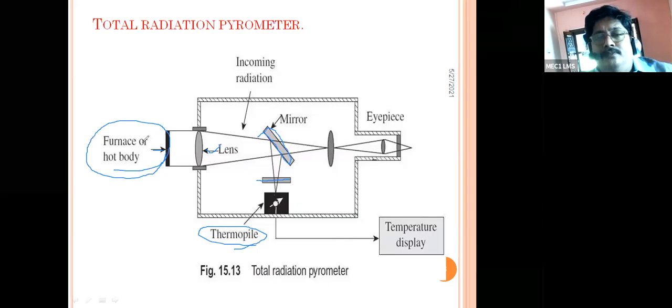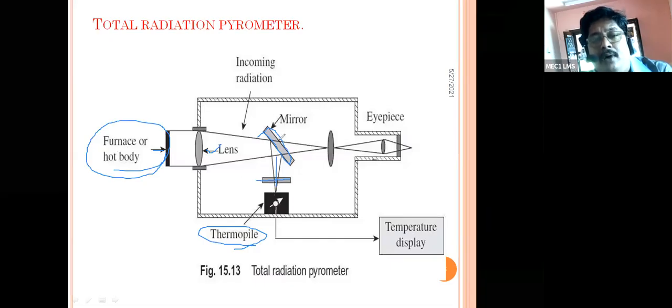From the furnace or hot body, the thermal radiations are emitted and focused on the lens, and then it falls on the mirror, and some percentage of that radiation is reflected in this direction and converges at one point. At that point we arrange a thermistor or a thermopile device, which is used to measure the temperature of the furnace or hot body.